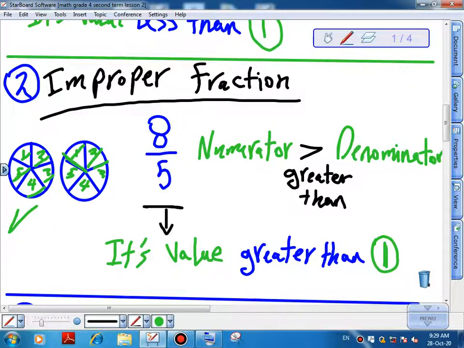We take only 3 slices from these slices. We take all of this. So the value of 8 over 5, which is the value of any improper fraction, is greater than 1. Again, the value of any improper fraction is greater than 1 when the numerator is greater than the denominator.